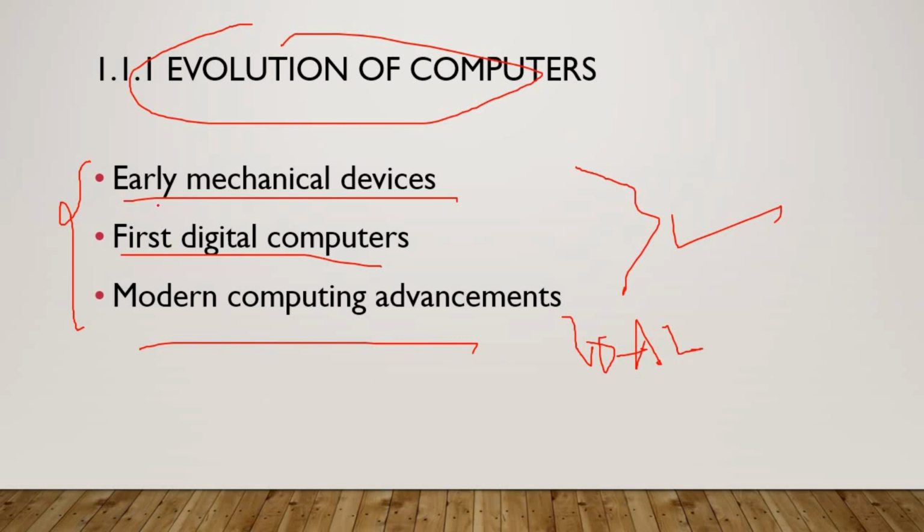The first digital computers start from the first generation, second generation, third generation, and so forth. And the early mechanical devices can be viewed analogically as the abacus and the ENIAC, the first electronic numerical integrated computer.